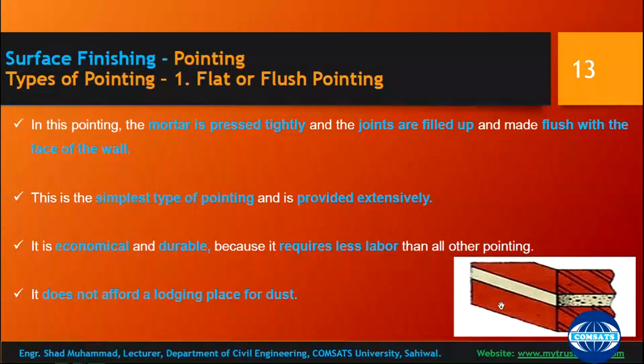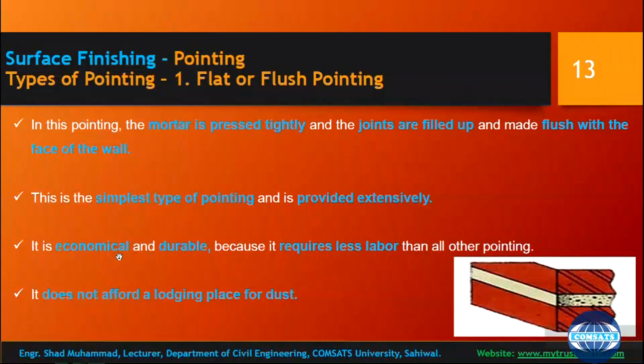Durable means that with the passage of time the structure is durable, and this pointing is also durable. You will not see disintegration of this pointing with the passage of time. The requirement of less labor is directly connected with economical rather than durable.